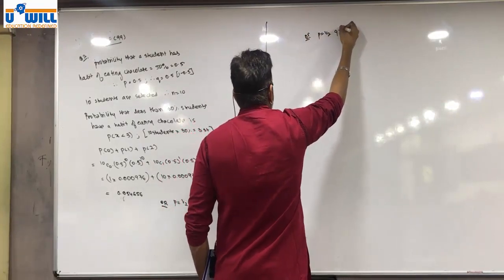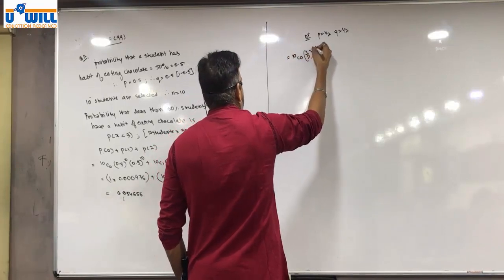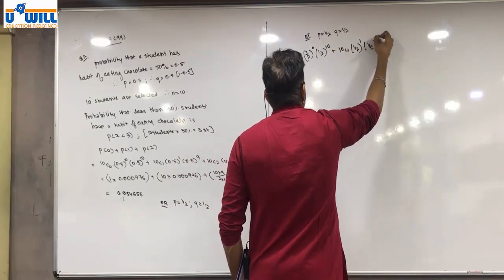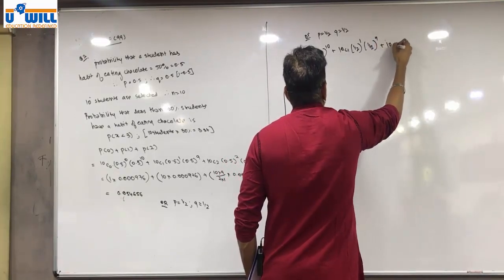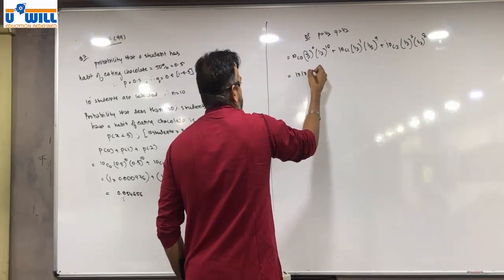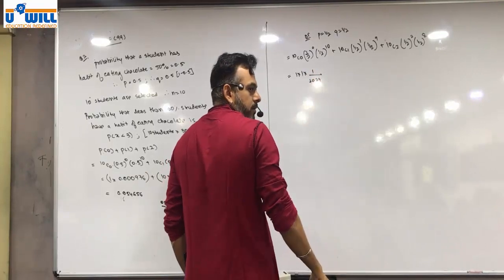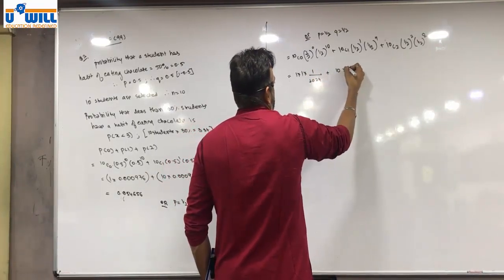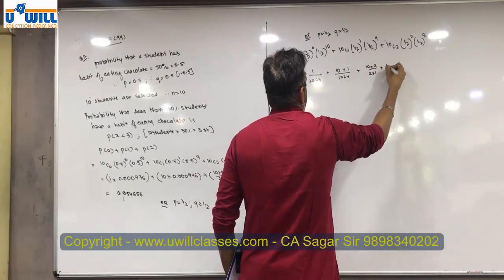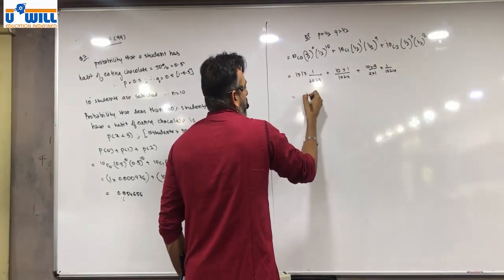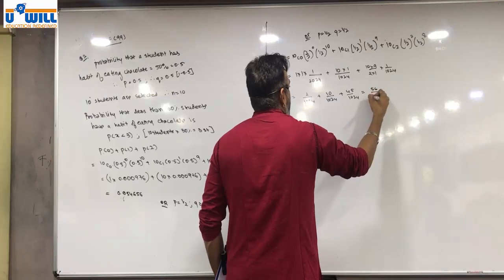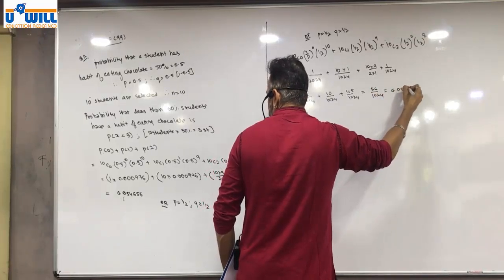Or P is equal to half and Q is equal to half, which is equal to 10C0 (1 by 2) raised to 0 (1 by 2) raised to 10, plus 10C1 (1 by 2) raised to 1 (1 by 2) raised to 9, plus 10C2 (1 by 2) raised to 2 (1 by 2) raised to 8, which is equal to 1 into 1 into 1 by 1024, plus 10 into 1 by 1024, plus 10C2, 10 into 9 upon 2 into 1, into 1 by 1024, which is equal to 1 by 1024 plus 10 by 1024 plus 45 by 1024, which is equal to 56 by 1024, which is equal to 0.054656.